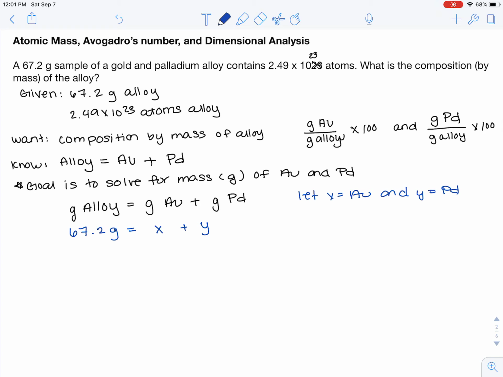Okay, well, I also have given the amount of atoms that it consists of, and that's pretty important. So what would make sense to me is, since I want to end up with grams, I'm given atoms. I know that I can use a conversion factor to go from atoms to moles and then moles to grams.